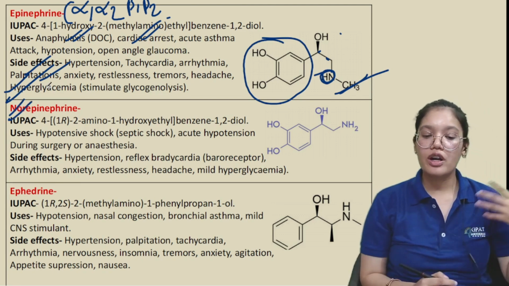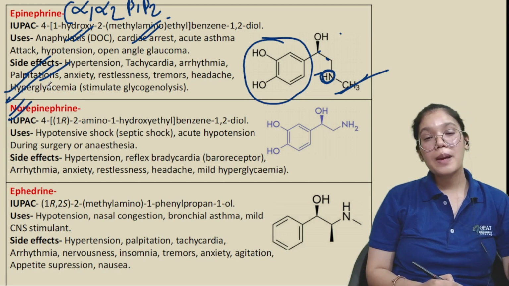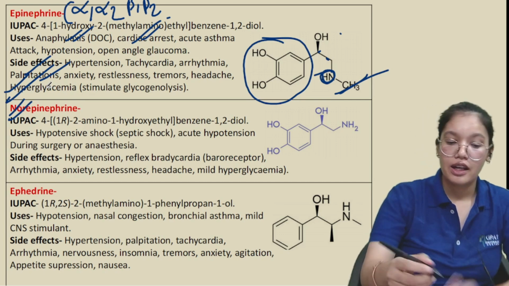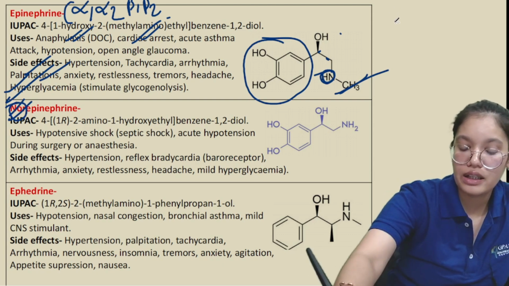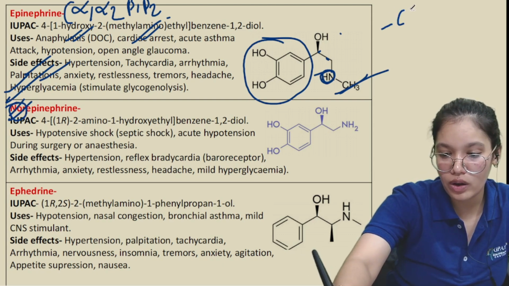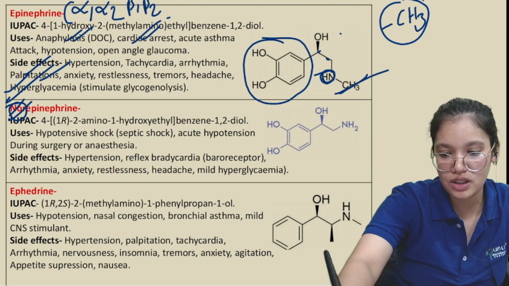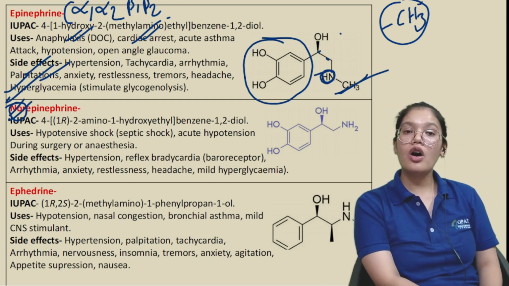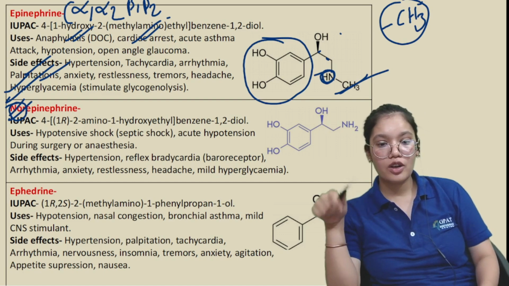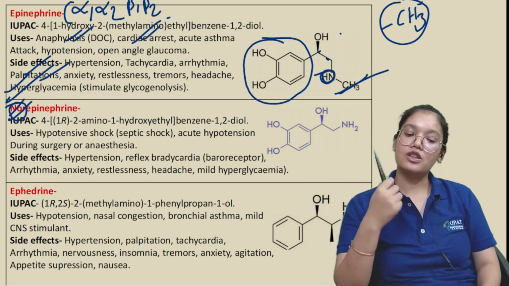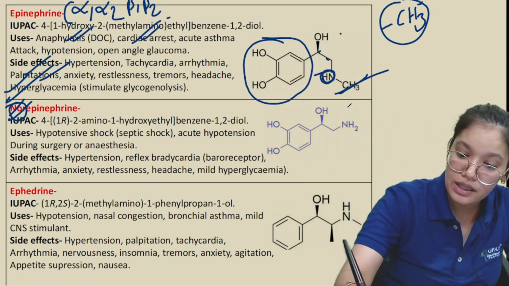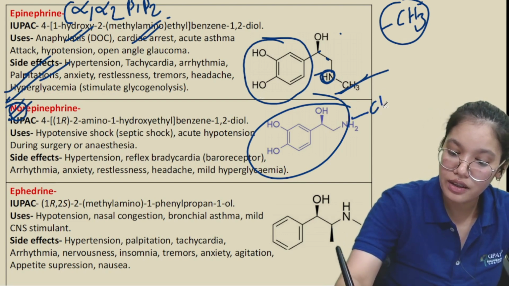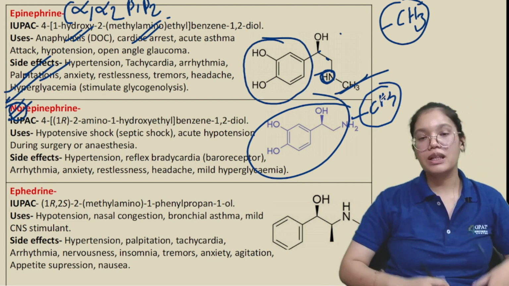Next, we have norepinephrine. Now, remember one thing: whenever there is a nor in the prefix, this nor means that it has removed one CH3, or methyl group. So norepinephrine does not have the CH3 group of epinephrine. The structure is similar to epinephrine, just that here the methyl group has been removed.